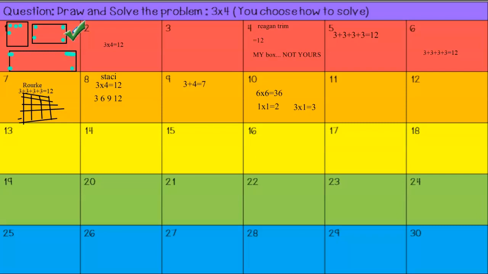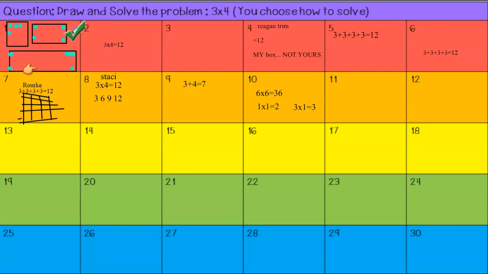Yeah, I just got a 12. Very good, Lemuel. And I see you're in that number 1 box. So you did 3 groups right here, and you put 4 in each one. I love the way that you represented that. Awesome job.